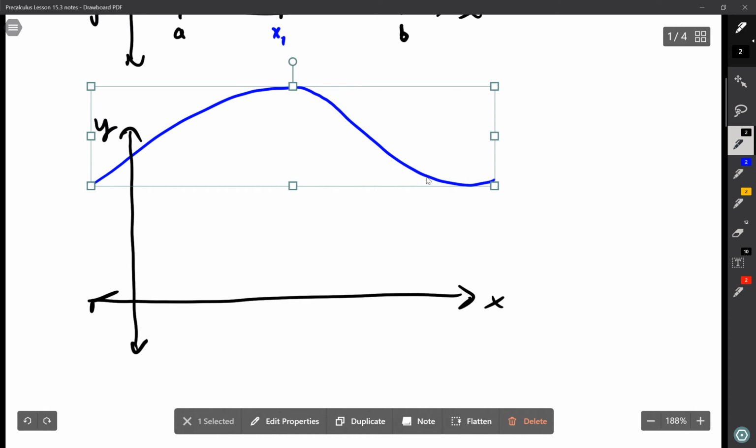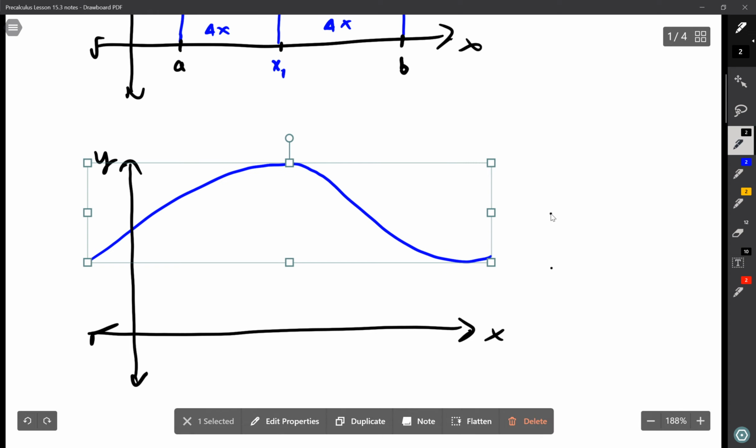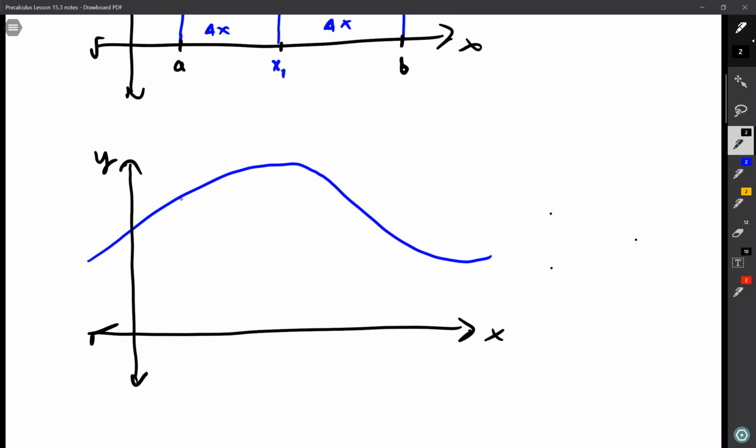Yep, somewhere around there. Okay. And we're going from approximately, here's our A, and here's our B.